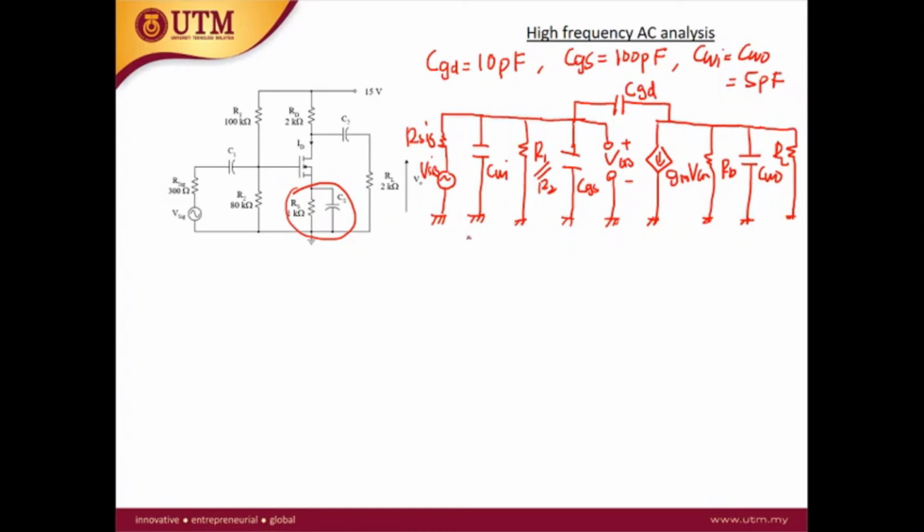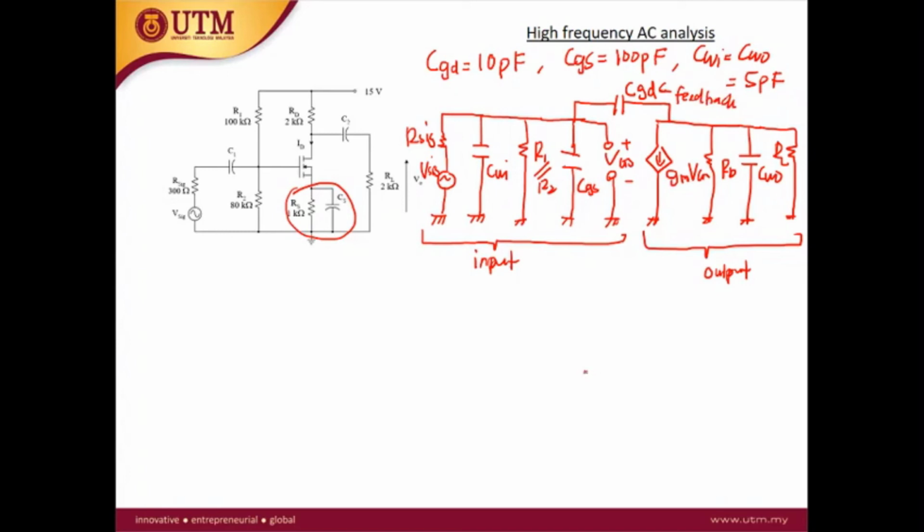For the high frequency analysis, you need to analyze separately the input side and output side. This is the input side, and this is the output side. You may notice that we have one component, the CGD, connecting the input side and output side. This is what we call a feedback capacitance.